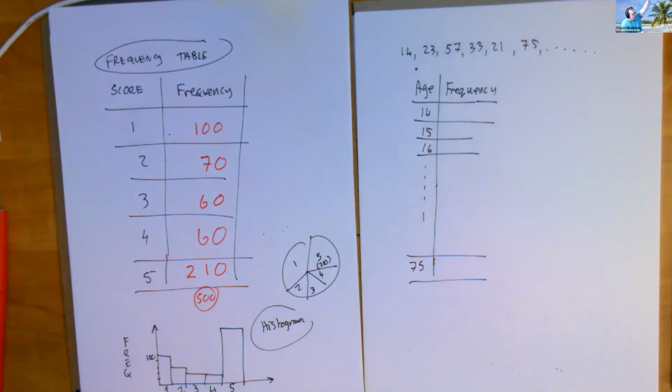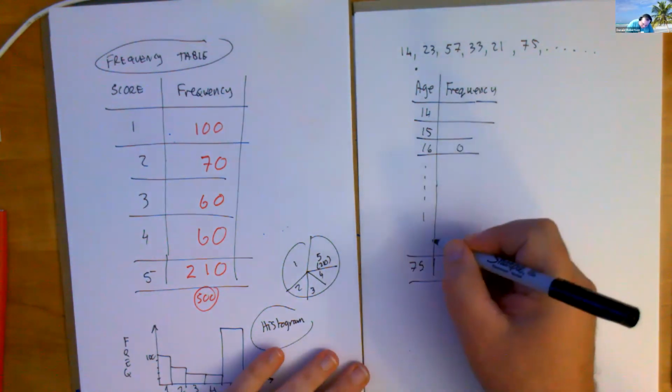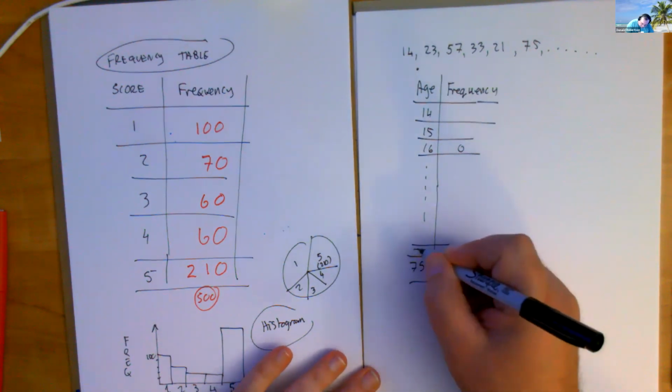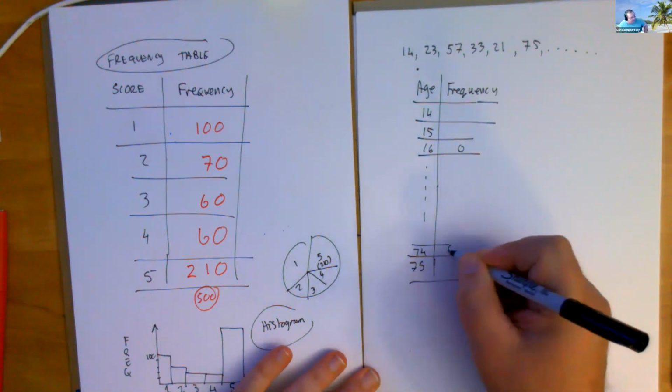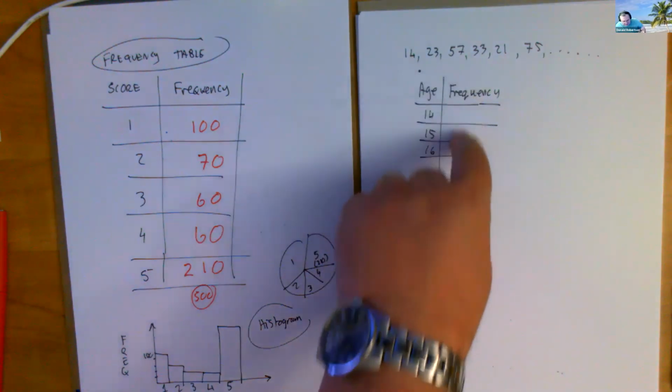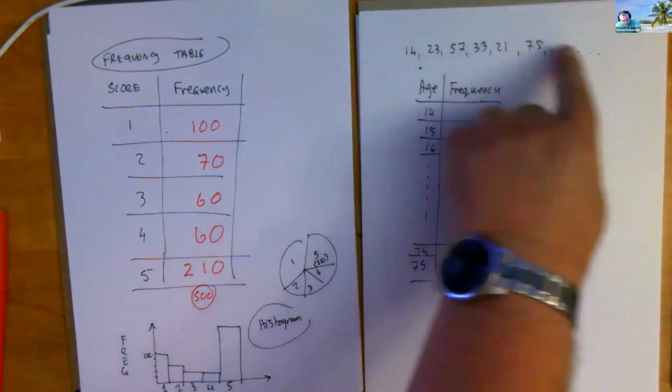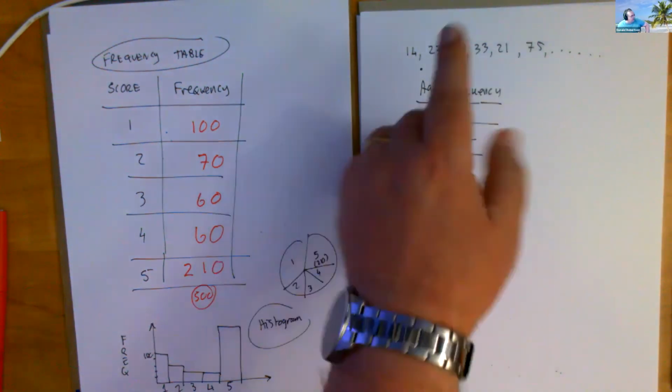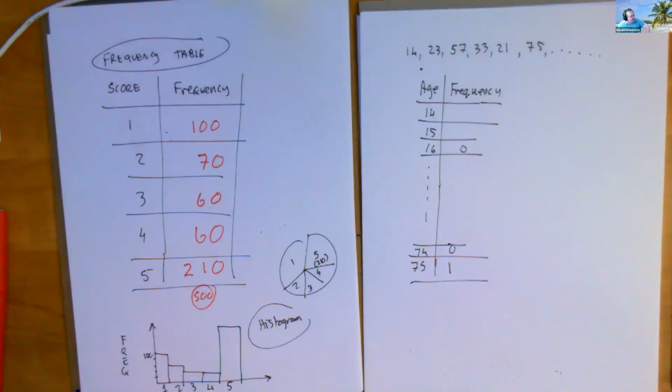It'd be tall. Isn't there also a really good chance that quite a lot of the numbers wouldn't even have a person in them? There'd be 0 people who were 74 years old. If you did this type of table with this data, it's just as bad as just giving people a list of numbers, isn't it? You can't really get much.